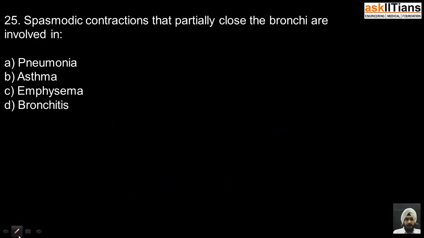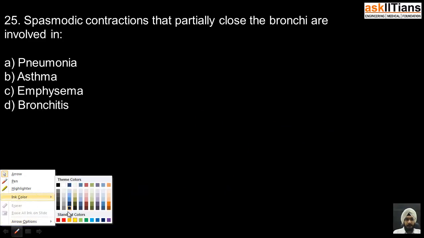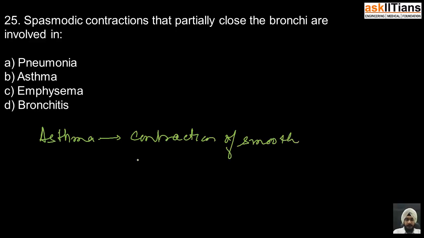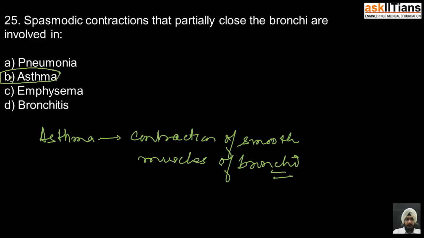So the next question says that spasmodic contractions that partially close the bronchi are involved in. As I discussed before, in a condition called asthma, there is contraction of the smooth muscles of bronchi. So the correct option here is B, which is asthma.